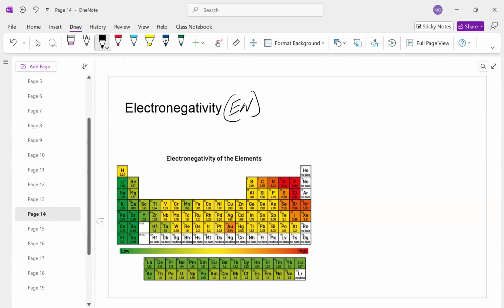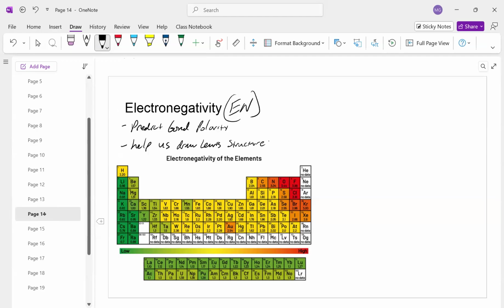And this does a couple things for us. It helps us predict something known as bond polarity. And I'll get into bond polarity in the next day's lectures. But in the short term, this is going to help us draw Lewis structures.